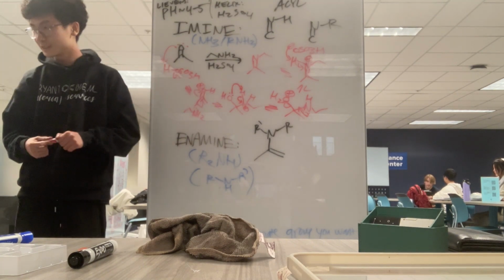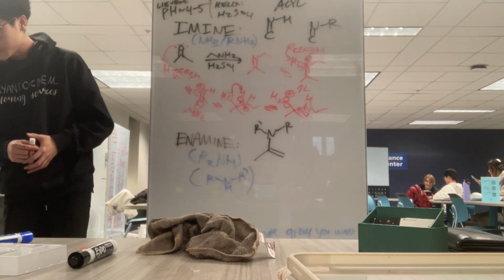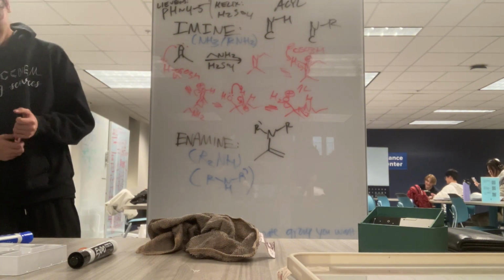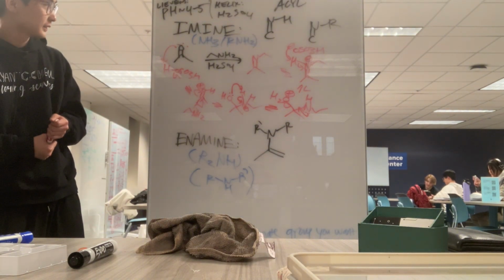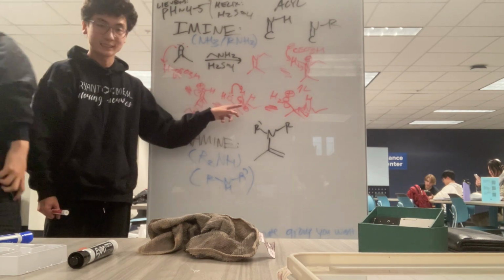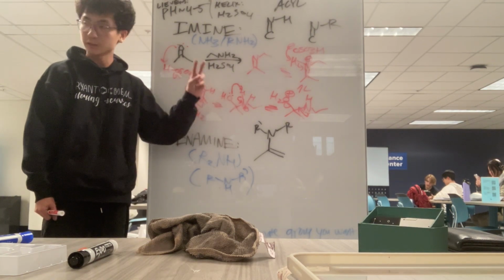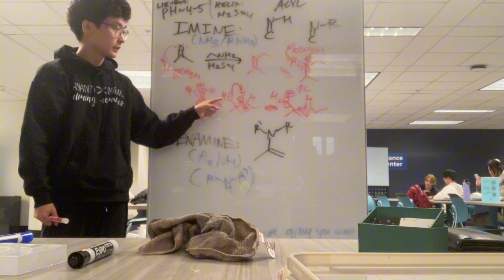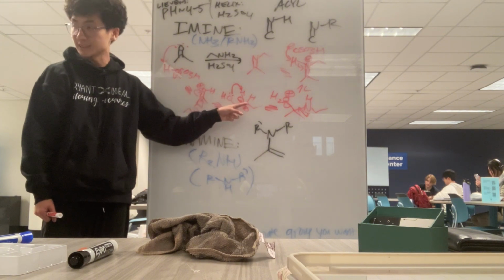So for imines, we always do an intramolecular reaction to make it go backward. This intramolecular acid-base reaction is killing two birds with one stone. We're making this a good leaving group and making that a bad leaving group at the same time.